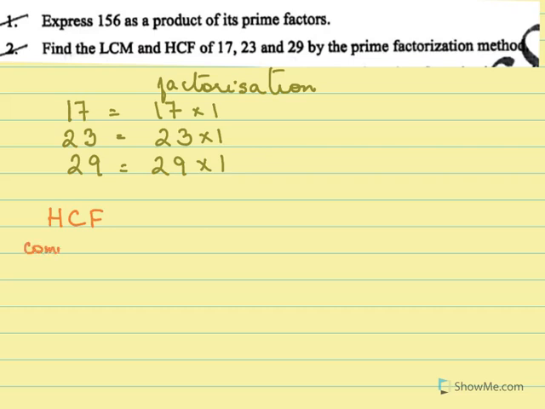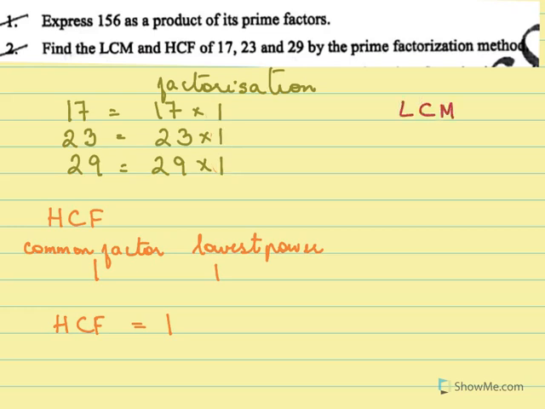Now to find HCF, we take the common factor and lowest power. The common factor you see is 1. Lowest power is 1. So HCF is equal to 1. Now for LCM, we take all factors with the highest power.